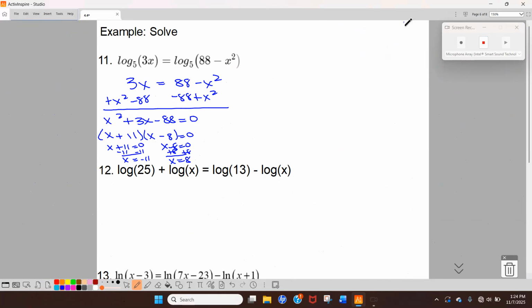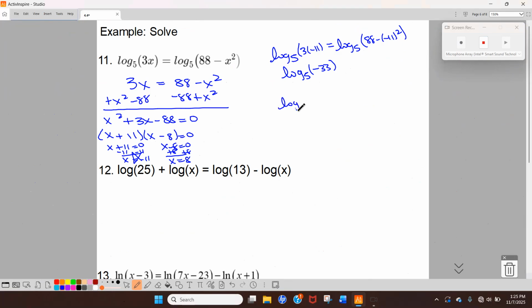So on this one, we're going to say log base 5 of 3 times negative 11 is equal to log base 5 of 88 minus negative 11 squared. All right, and as soon as you realize that this has log base 5 of negative 33, you can stop and say, nope, that doesn't work. We can't take the log of a negative. So then we can try the 8.